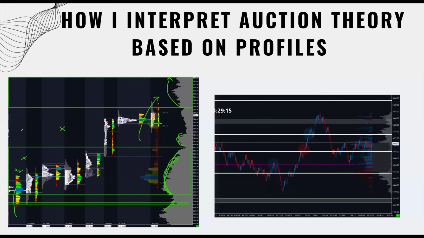Now, not only that, but these individual profiles can give you some kind of understanding as well. When I'm looking at these individual profiles, I can see that there is general value over here, and there's general value at this area. And you can see that the heaviest volume, denoted by green and blue, is slowly stair-stepping higher.